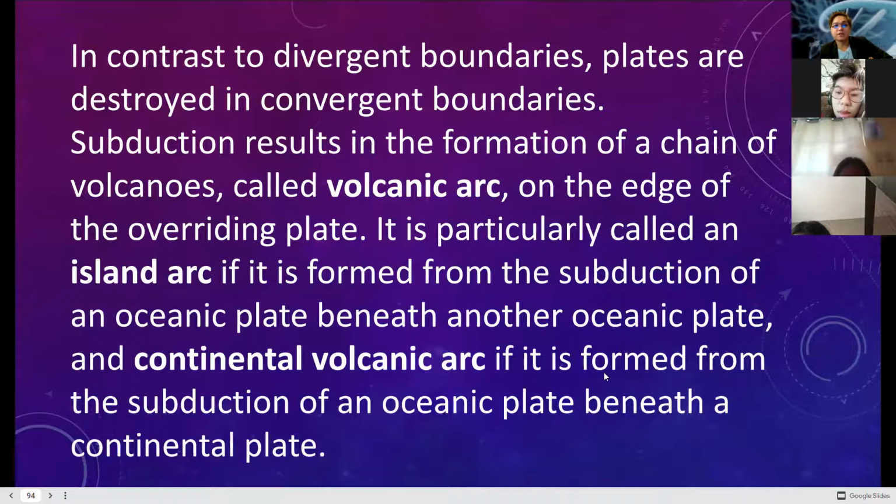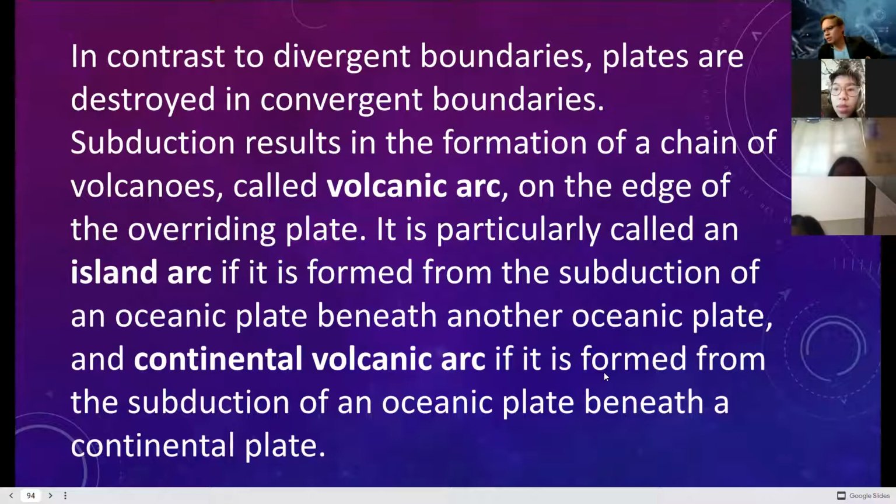When it forms at the edge of the overriding plate, it is particularly called an island arc if it is formed from the subduction of an oceanic plate beneath an oceanic plate, and a continental volcanic arc if it is formed from subduction of an oceanic plate beneath a continental plate.